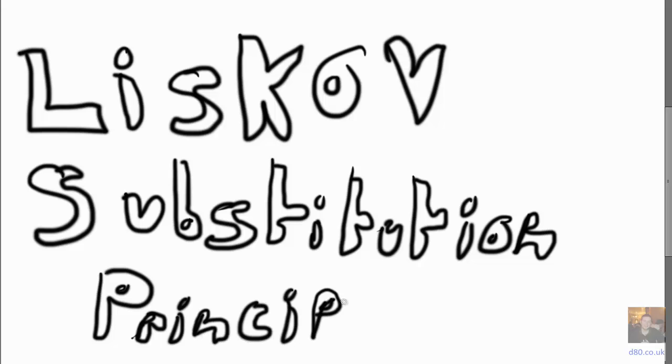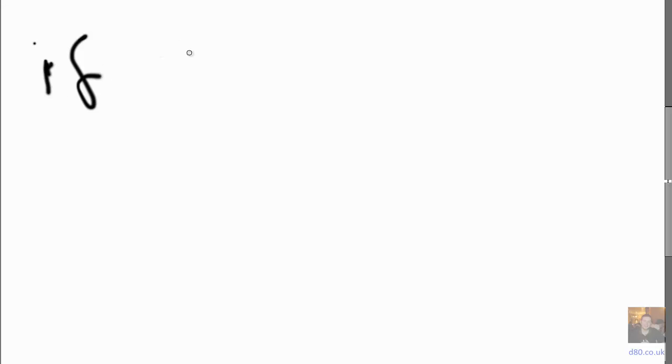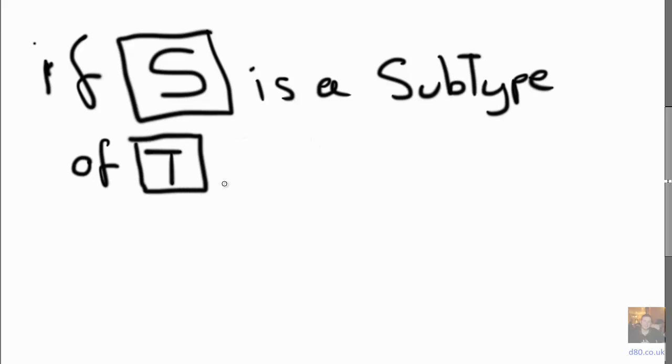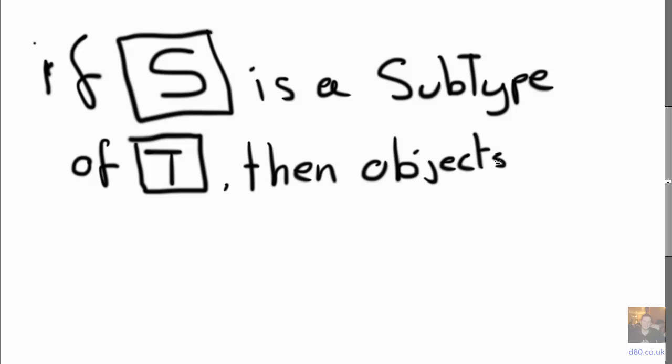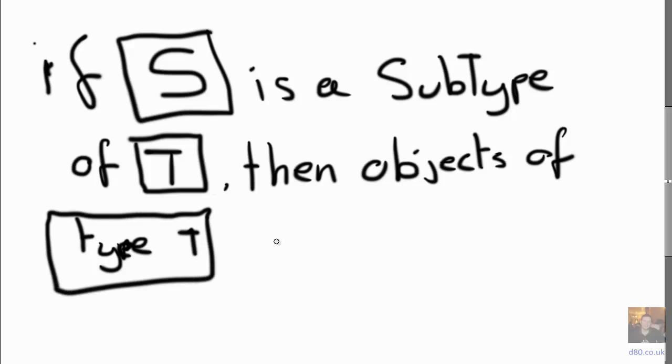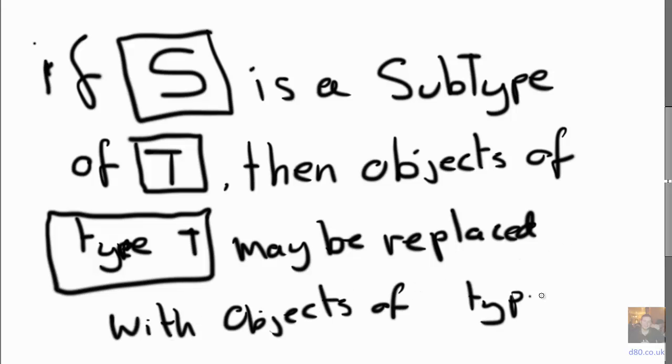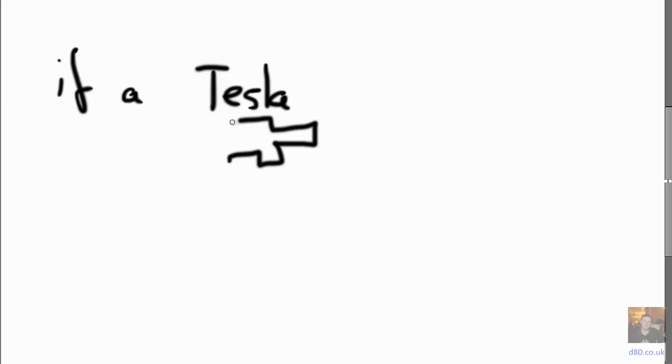So what she basically says is that if S is a subtype of T, then objects of type T may be replaced with objects of type S, the subtype. And Barbara Liskov is normally associated with strongly typed languages and inheritance.